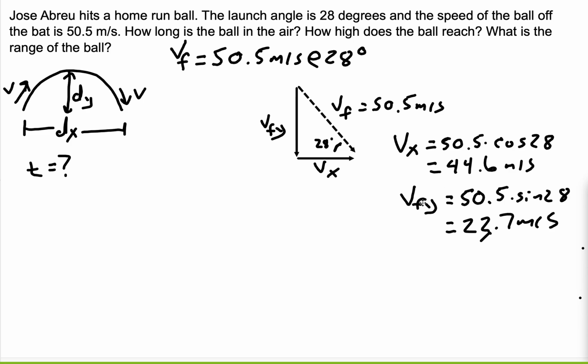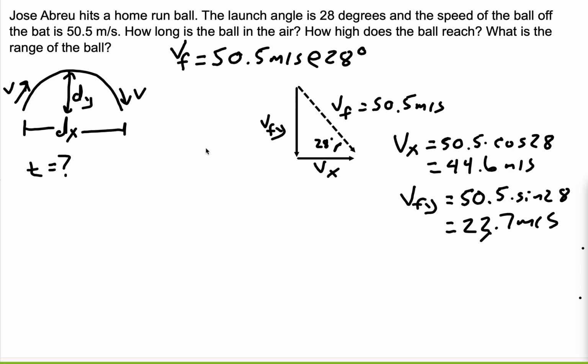So now, why did I want to know those two things? Well, this is a lot like problem number 3 on the first cliff problem set. If you guys tried that, I gave you the final velocity and you had to use trig to find the y and the x. I need the y because I have to find out the time.